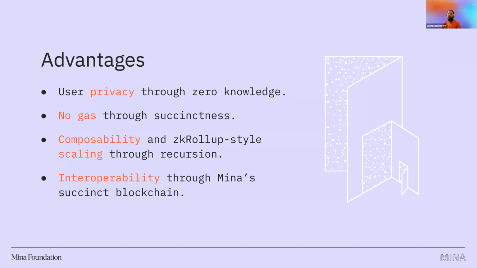And also you can get this idea of interoperability. The idea is you write a ZK app, you produce a proof, you verify that proof on the Mina network, and then you can use that proof, and you can verify it elsewhere as well.